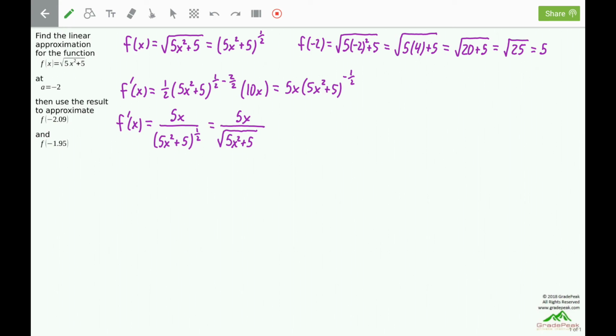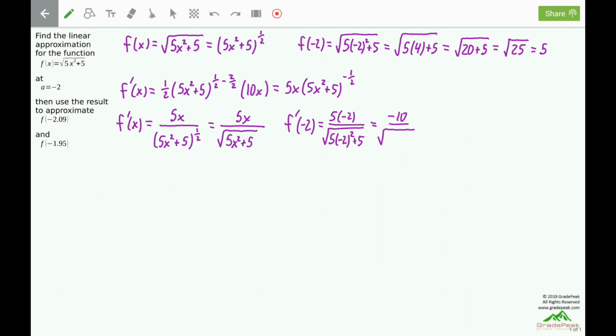The next thing to do is evaluate f prime, also at the a value of negative 2, which will give 5 times negative 2 divided by the square root of 5 times negative 2 squared plus 5. In the numerator, 5 times negative 2 is negative 10.